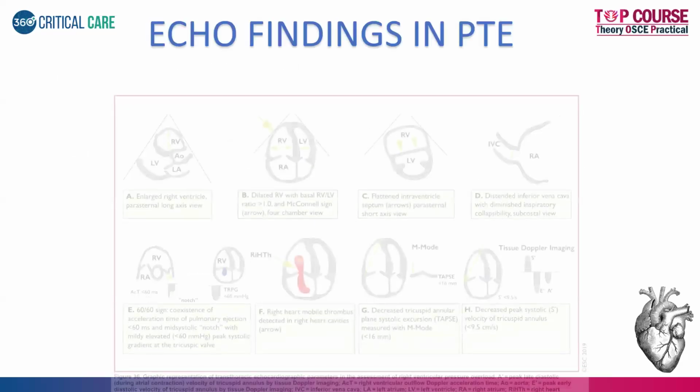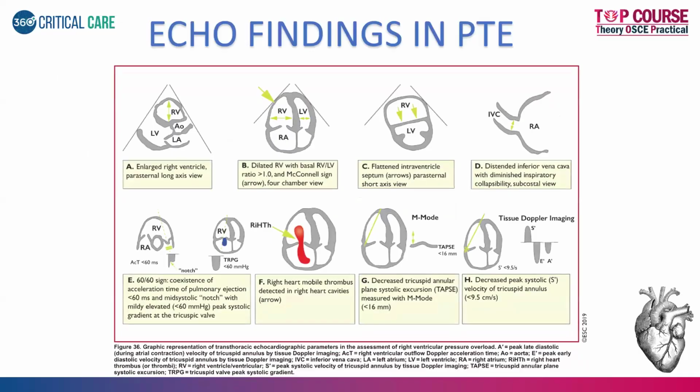The echo findings in pulmonary thromboembolism have already been mentioned, but I'm just going into a few of the major things. Because it's an acute event, what you usually see is an RA-RV dilatation with the RV to LV ratio of more than 1, with the McConnell sign in the four-chamber view. There might be a D sign present. There is something called the 60-60 sign.